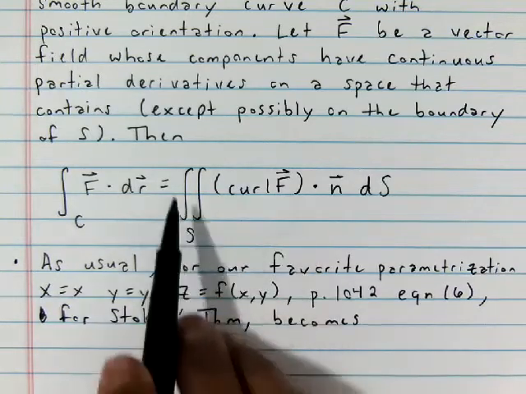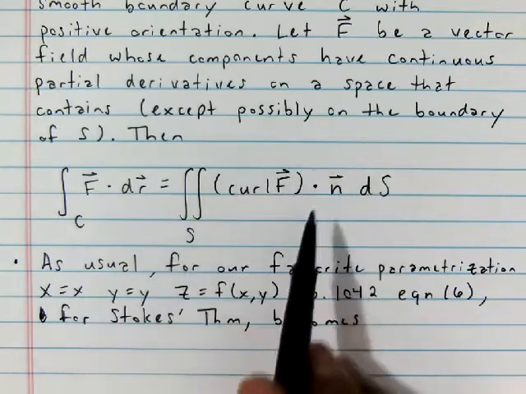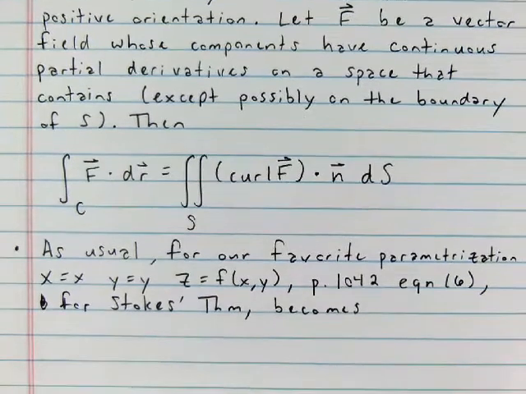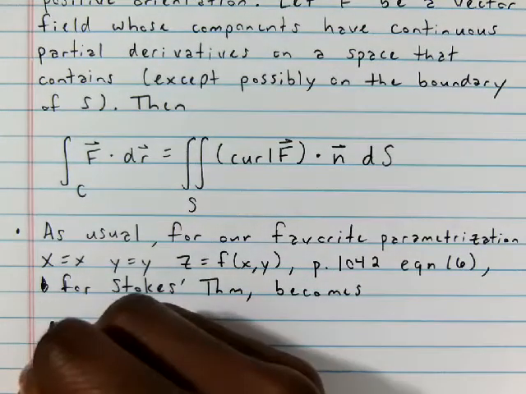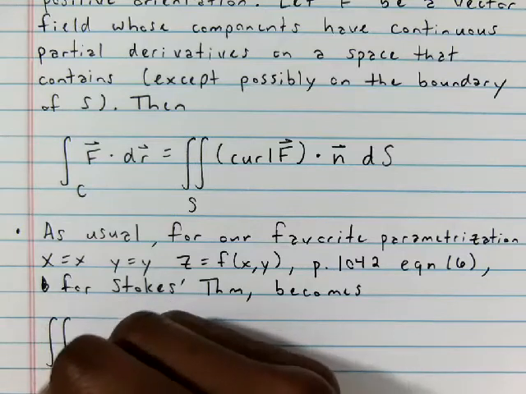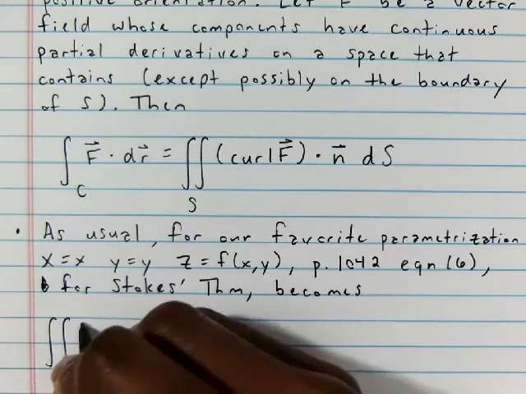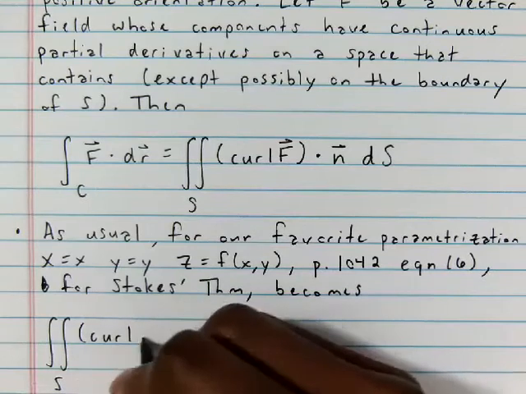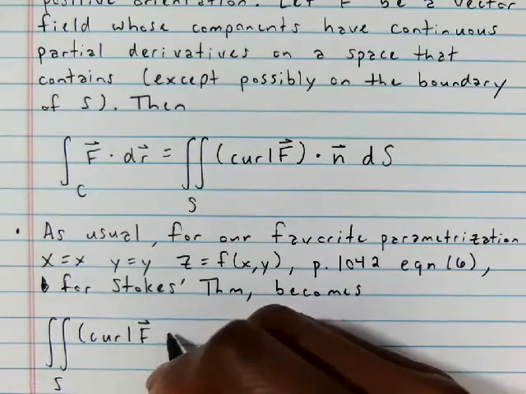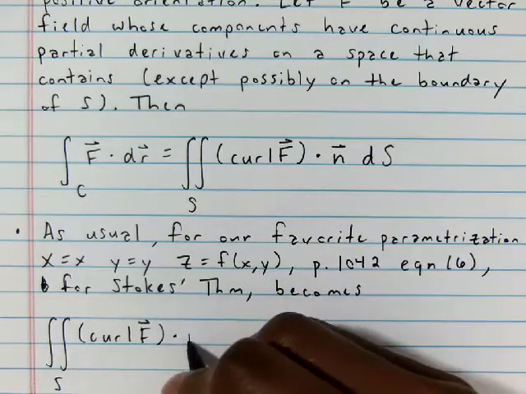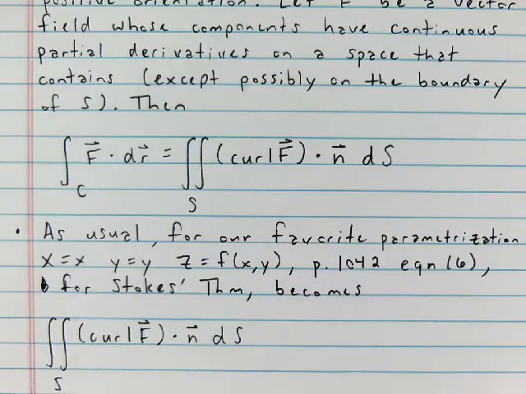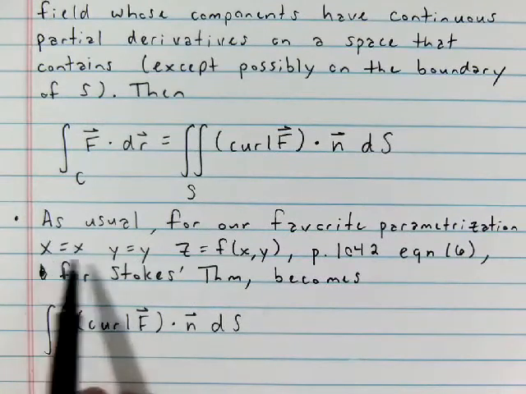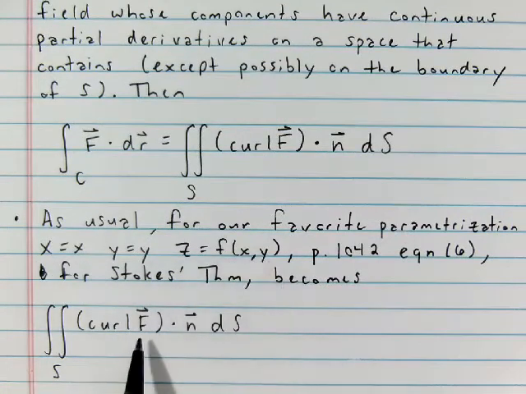So I'm going to rewrite this right hand side right there. The surface integral over S of the curl of F dot n dS. Now remember, this is us parameterizing our surface. It has nothing to do with whatever our vector field was.